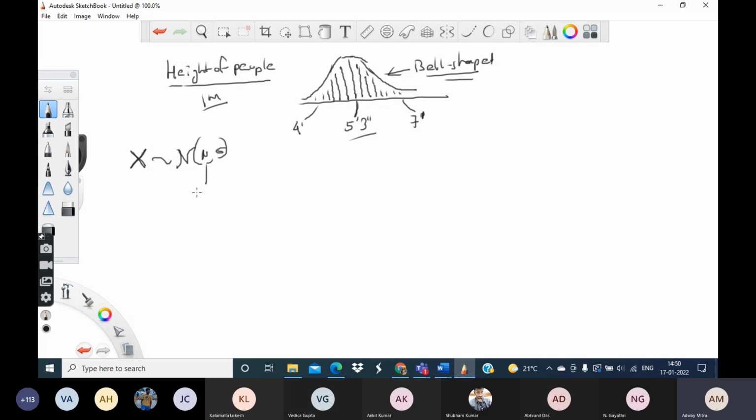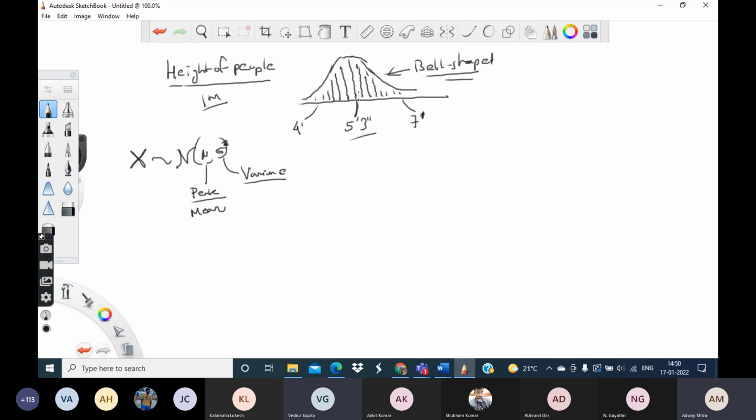This mu is basically the peak value, also called the mean, and sigma is the standard deviation; we can consider its square, that is, the variance. So the mean mu indicates where the peak is located, and sigma square indicates how steep the rise and fall of the values are beyond the peak.